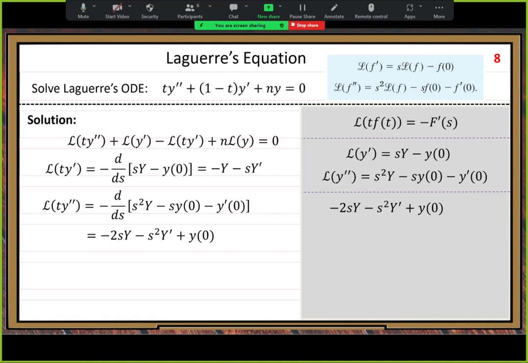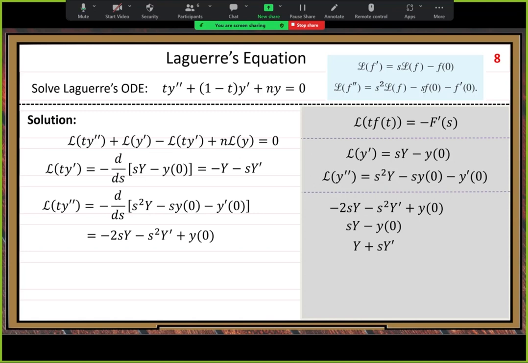Here we want to add all those terms: the first term, second term, third term, minus, so plus, minus becomes minus plus.